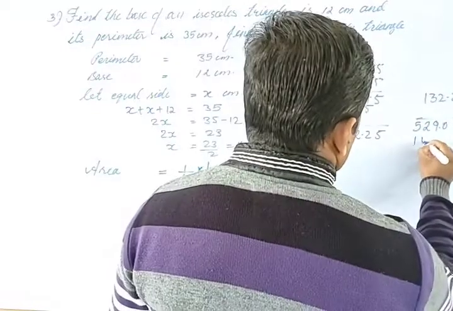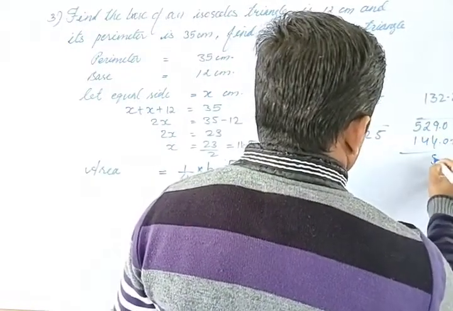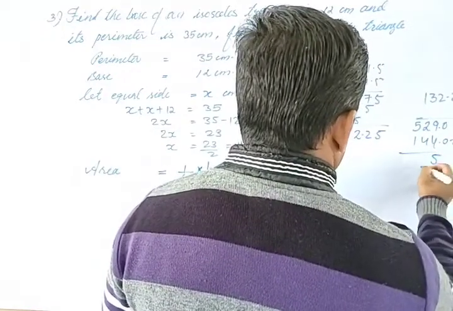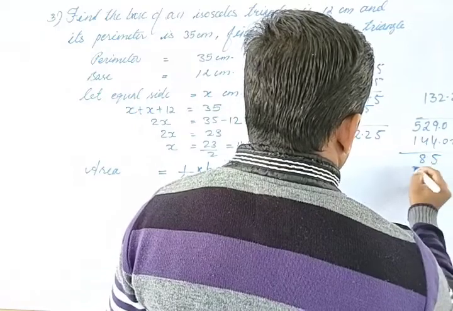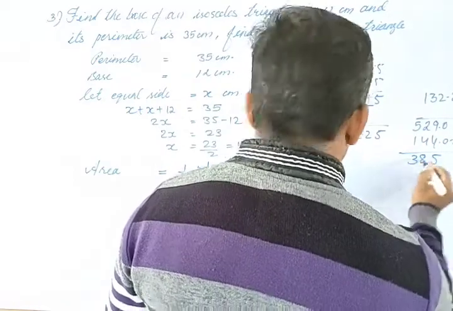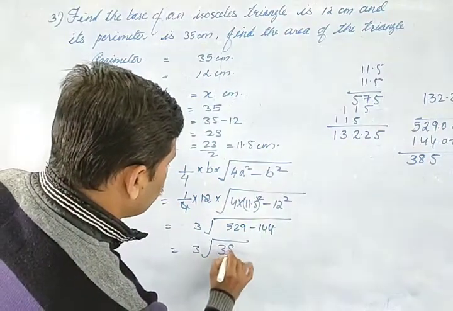Minus 144. Is equal to 3 into root of 385.